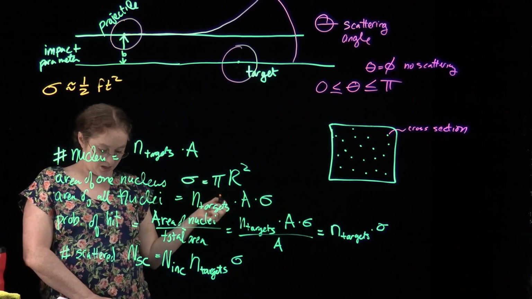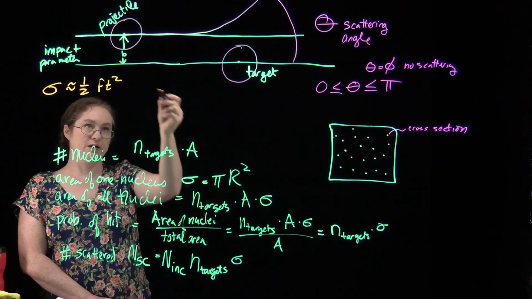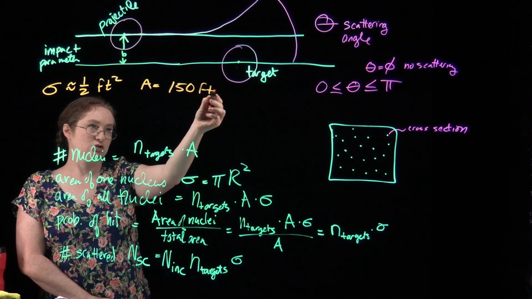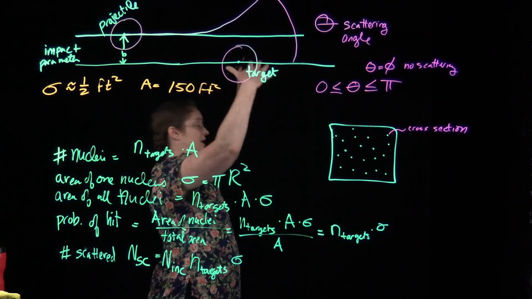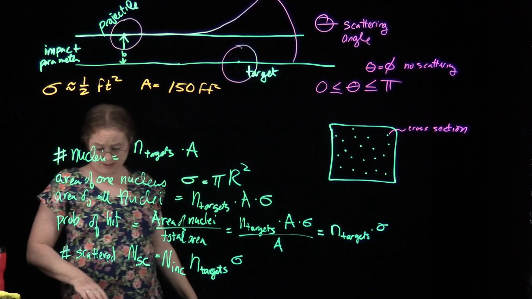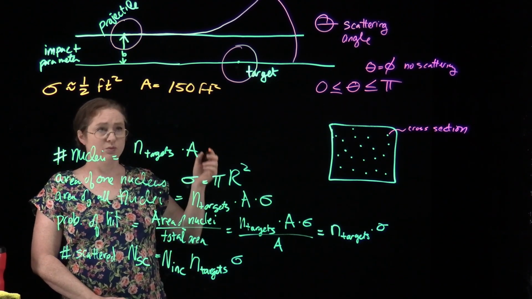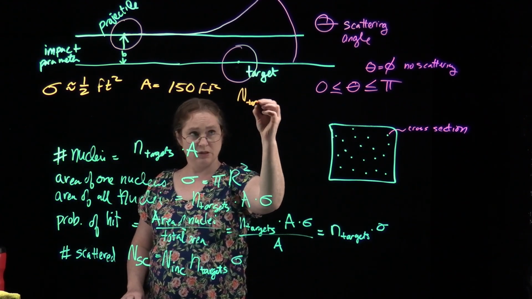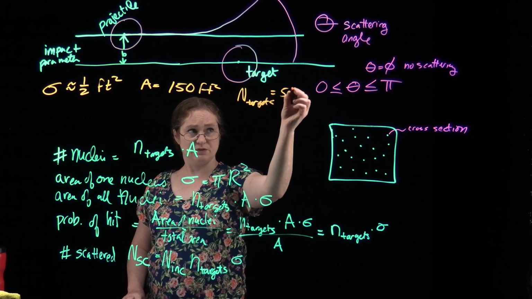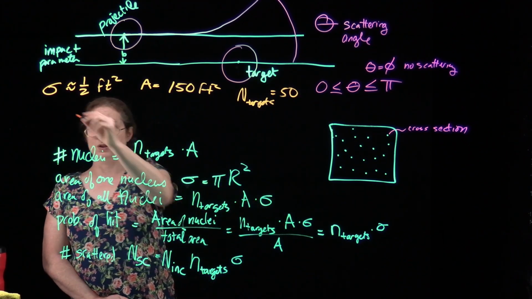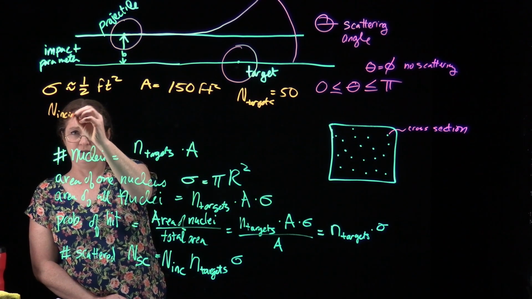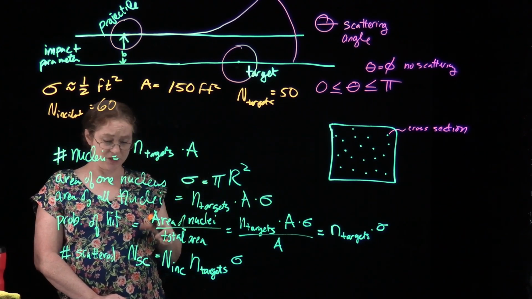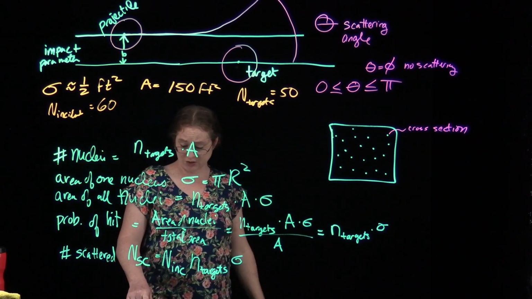And we have a total area of the oak tree of about 150 feet squared. That's the cross-sectional area if you look at the oak tree. And then we will assume that the number of targets, you're shooting at crows, is about 50 crows, and that you shoot 60 bullets into the oak tree. And then the question is how many hit or how many are scattered.